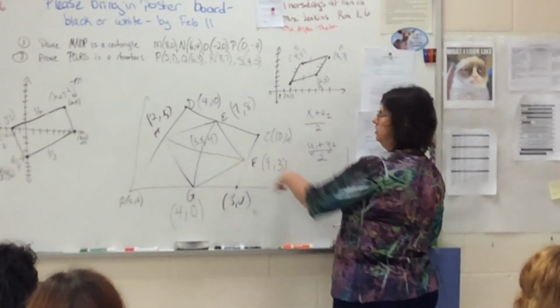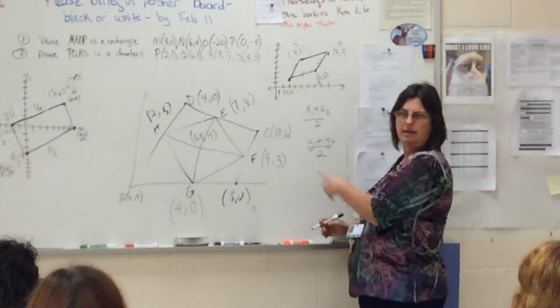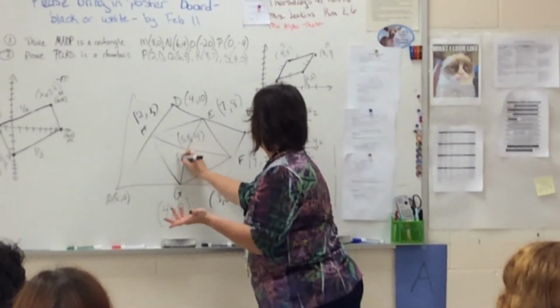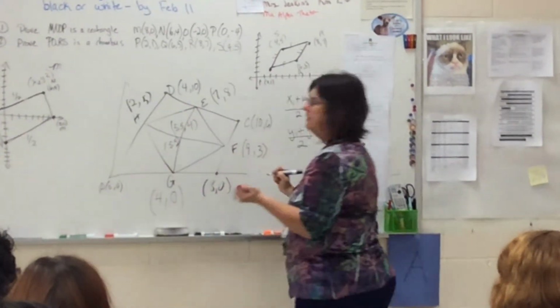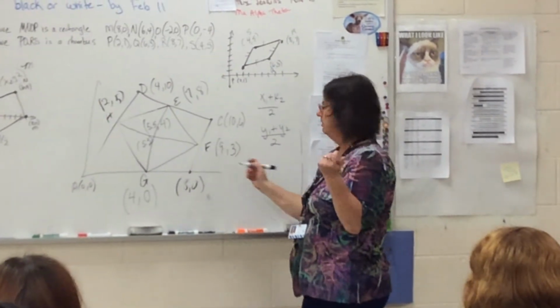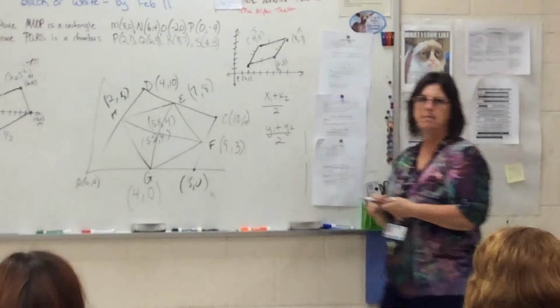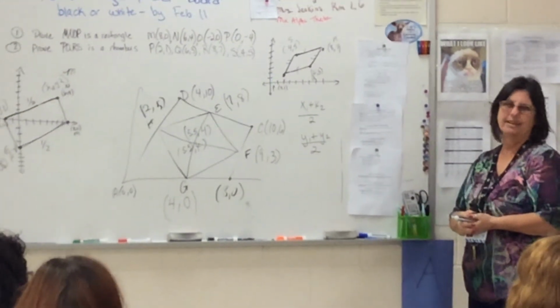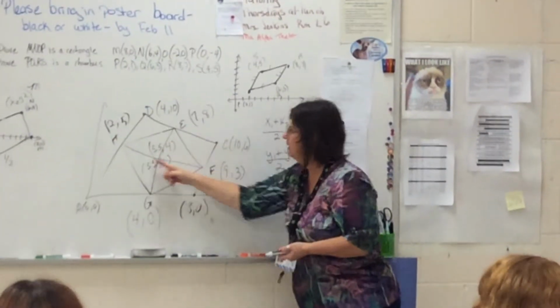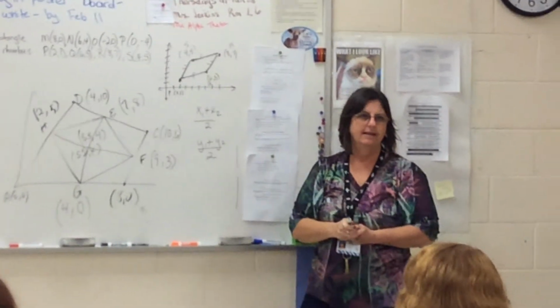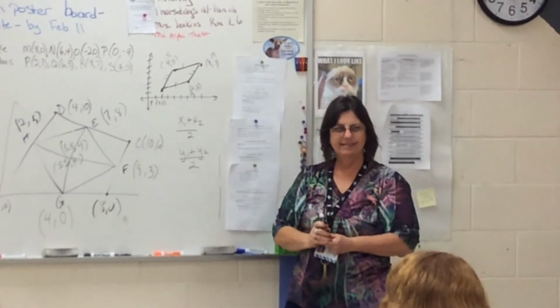Let's check the other way. 2 and 9? Yeah. 11 divided by 2? 5.5. 5 and 3? 8 divided by 2? 4. So is that a parallelogram? Yeah, because they both have the coordinates 5.5, 4 at the midpoint. Okay, I get it.